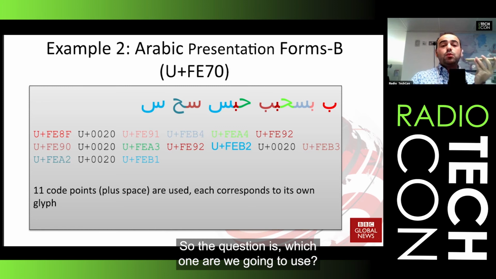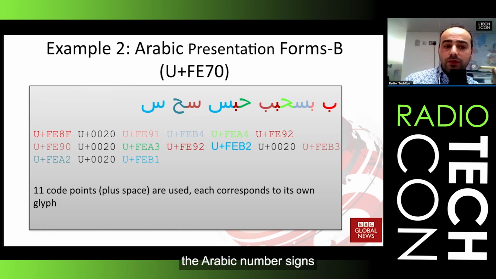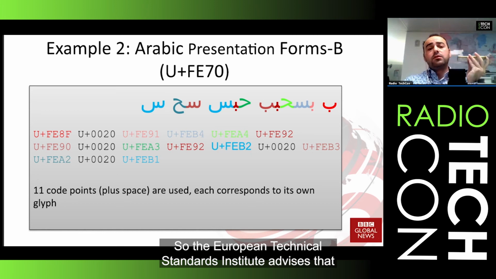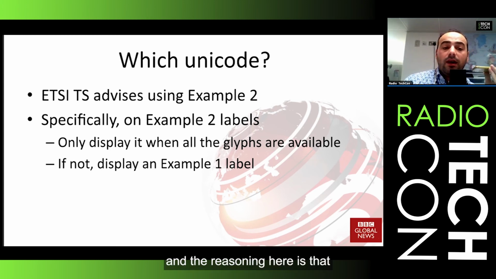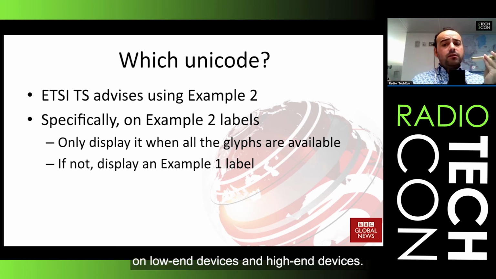So the question is, which one are we going to use? Are we going to use example 1, the Arabic number signs, or example 2, Arabic presentation forms? The European Telecommunications Standards Institute advises that by default, devices had to use the Arabic presentation forms, the more basic one. And the reasoning here is that in terms of storage space, both of them work efficiently on low-end devices and high-end devices.